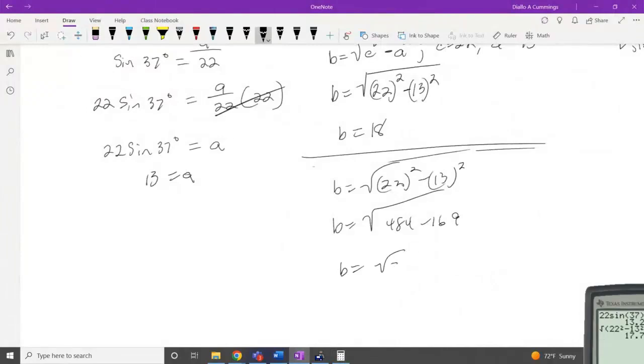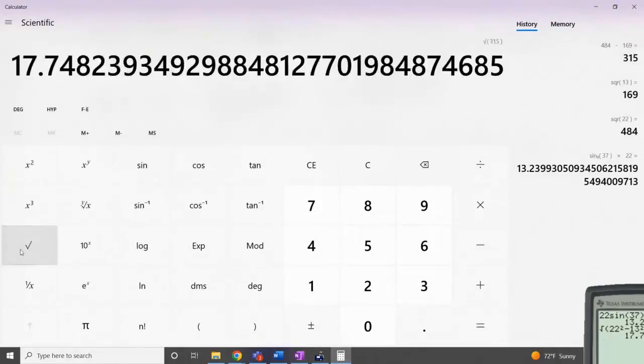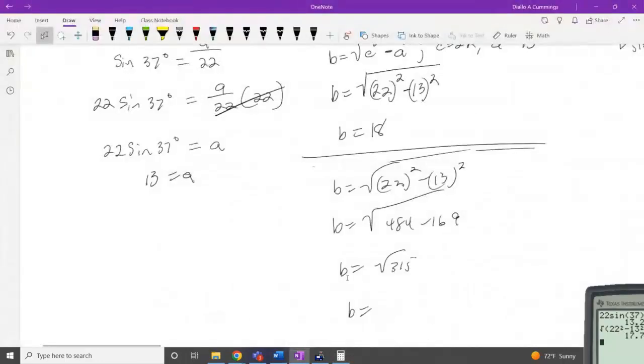That's 315, the square root of 315. You have to put in your number first, and then square root it, and you get 17.74, which is 18. All right, so side length B is 18.